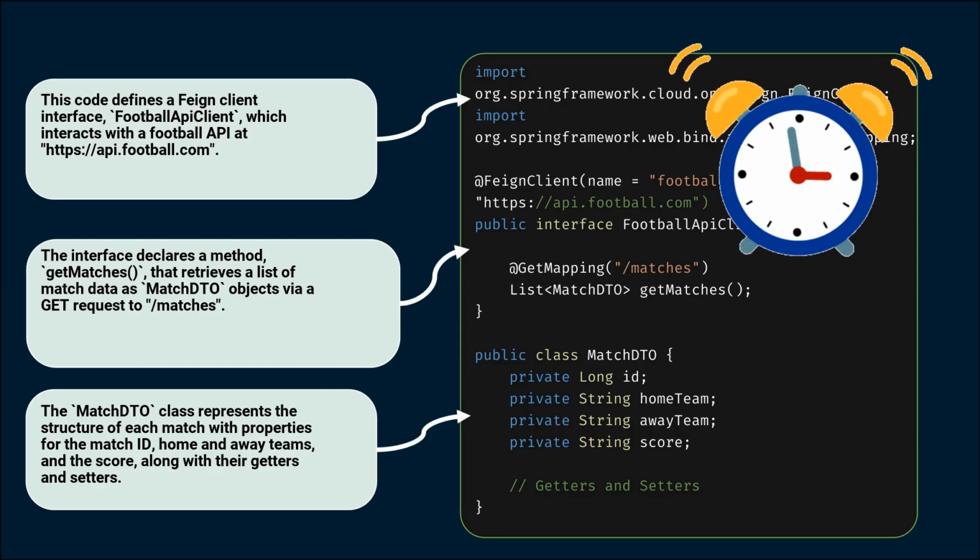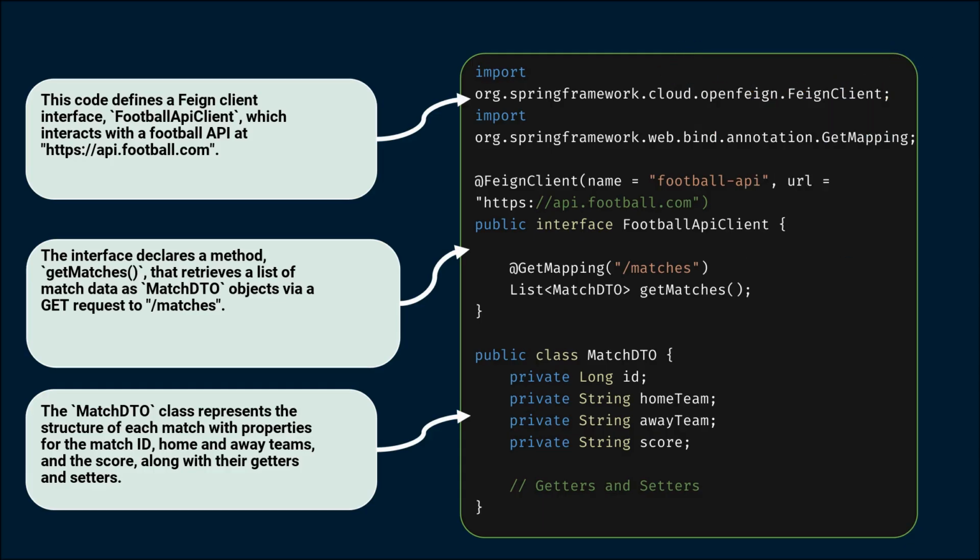Now, we need to define the API call we want to make. By using the @GetMapping annotation, we specify that we want to fetch a list of match details from the endpoint /matches. The method getMatches is declared to return a list of MatchDTO objects, which will serve as our data transfer object to capture the details of these thrilling football matches.